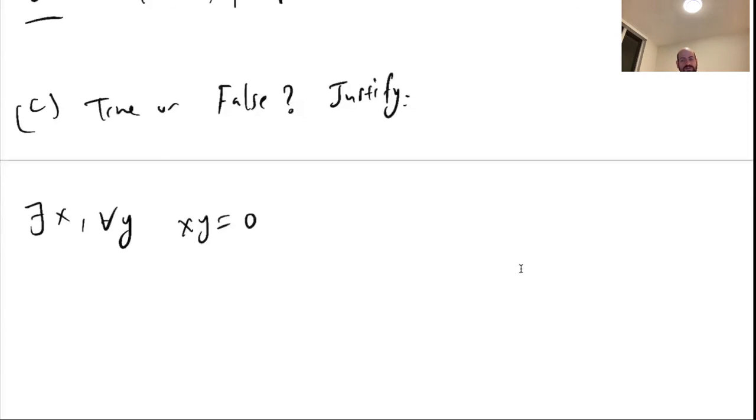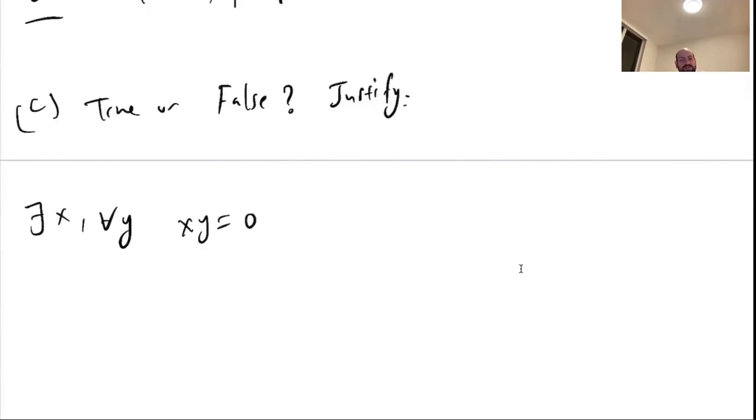Obviously no, 2Y is equal to 0, not for every Y, only for Y equals 0. Or for example, if X is 3, can I say 3Y is equal to 0 for every Y? Again, no, 3Y is equal to 0 only for Y equals 0. So is there any X that can guarantee XY is 0 for every Y? 2 would not work, 1 would not work, -1 would not work, 0.1 would not work.